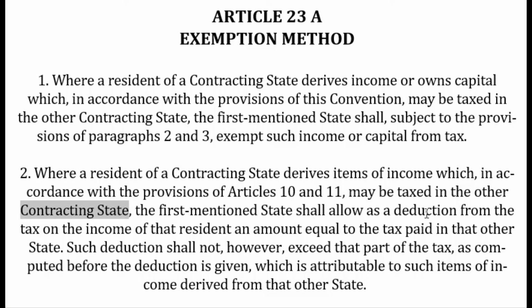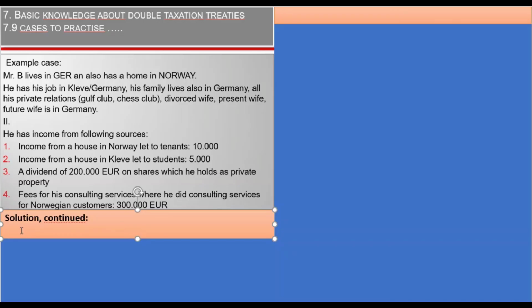Germany allows as a deduction from the German tax an amount which is equal to the tax paid in Norway. So the credit method applies here. So Germany applies the credit method. That was Article 23a, paragraph 2.